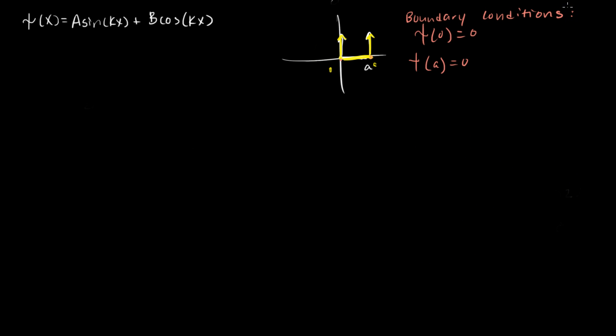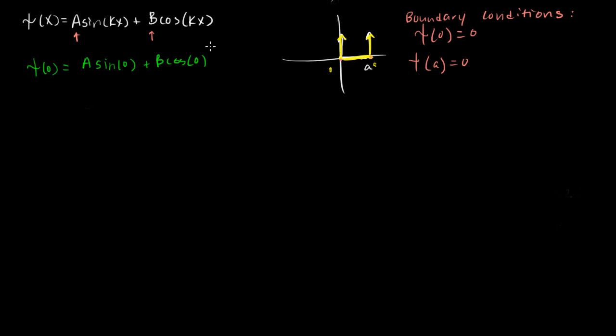And from these boundary conditions, we can solve for a and b. How, you might ask? Let me show you. So we have psi of 0, which is equal to a sine of 0 plus b cosine of 0.